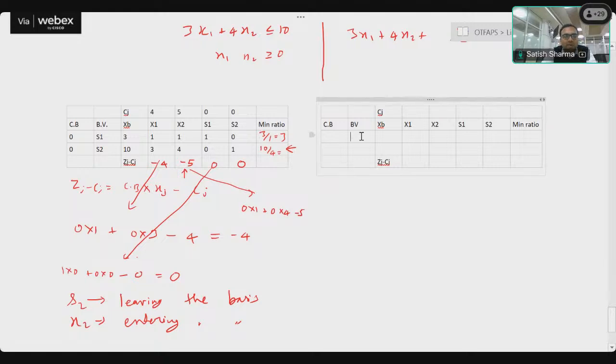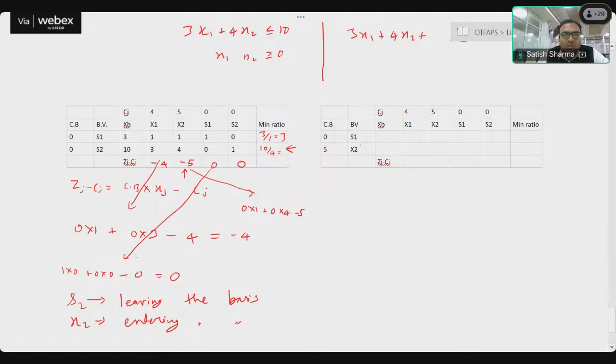So I will place them in the next part. In the basic variable, I will keep S1 as it is. Then X2 will come in instead. Now there is one more thing. Coefficients will remain the same, so it is 4, 5, 0 and 0. And once basic variables have been identified, the coefficients of these will be calculated. For this entire matrix, we are now doing some kind of factorization so that x2 should get a certain value.